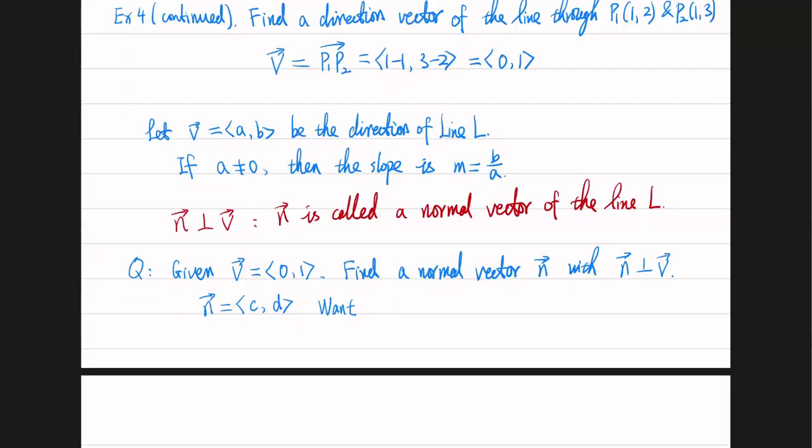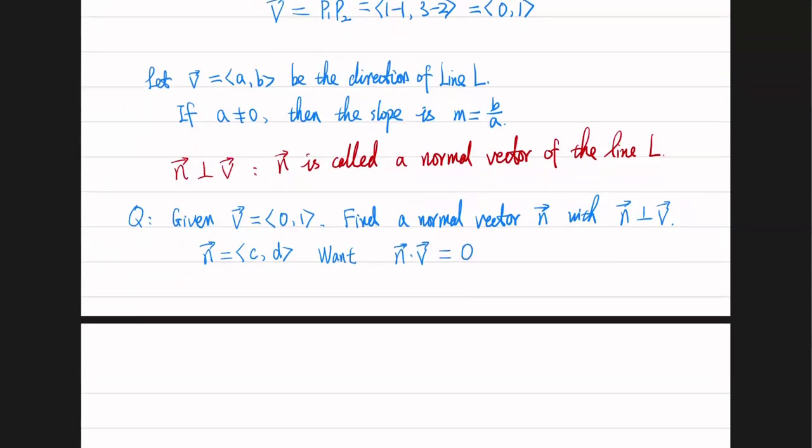n dot v. So this is our v, this is our n. What's their dot product? Zero plus d.